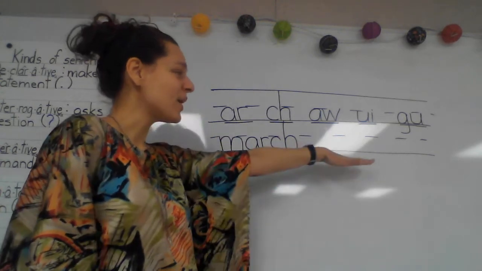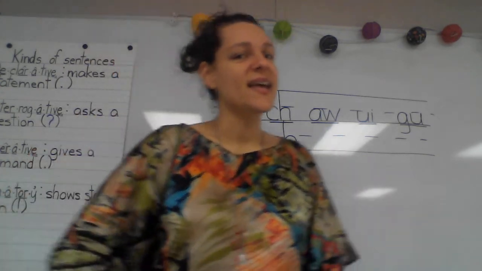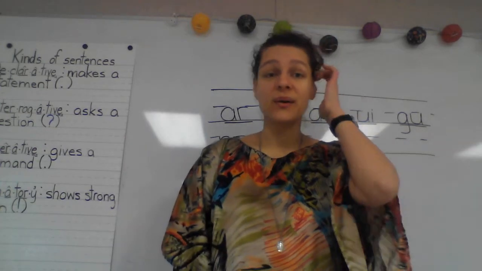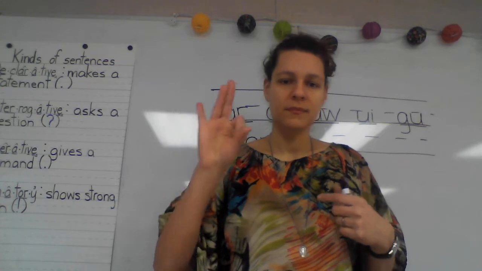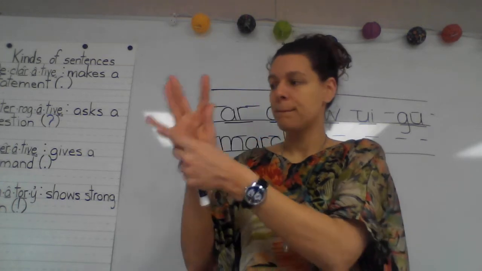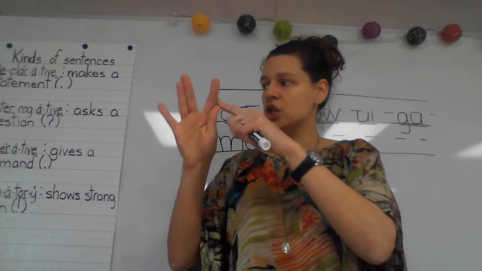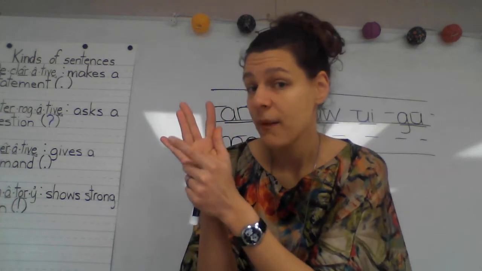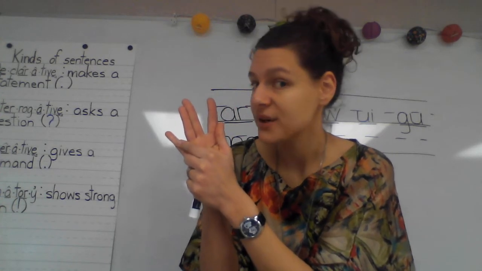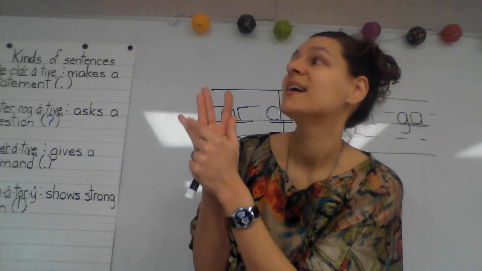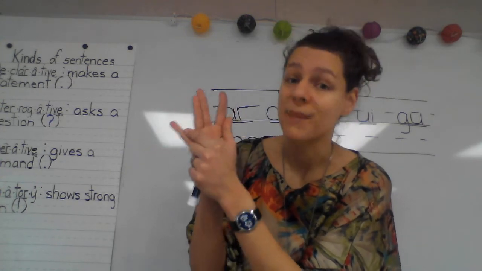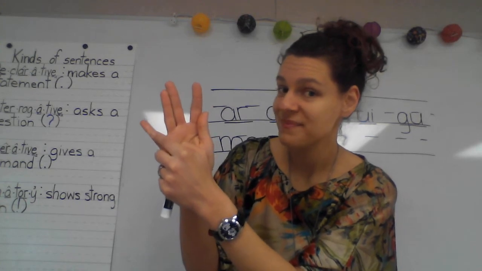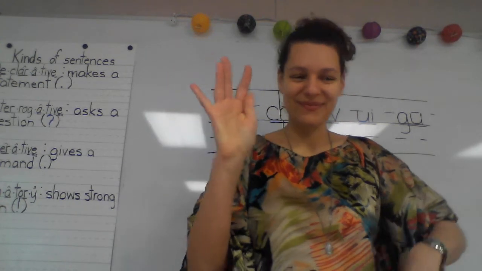All right, so March, our month March, is a proper noun. So what are we going to write to spell our month March? Good, our sounds are R, ch. What kind of are we going to use for our proper noun? Good, we're going to use a capital for our proper noun, March. So capital, say the sounds while you write them.